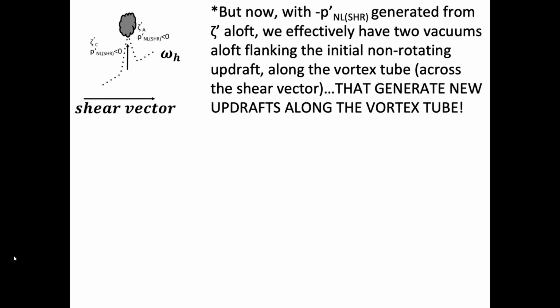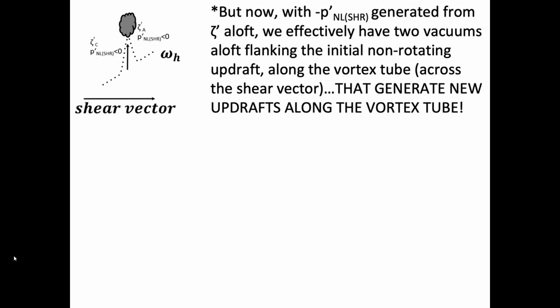Now, these perturbation pressure deficits, remember the updraft from this incipient updraft is going to maximize in the middle to upper levels of the atmosphere. So these perturbation pressure deficits will maximize well above ground, mid to perhaps upper levels of the atmosphere. And think about that.